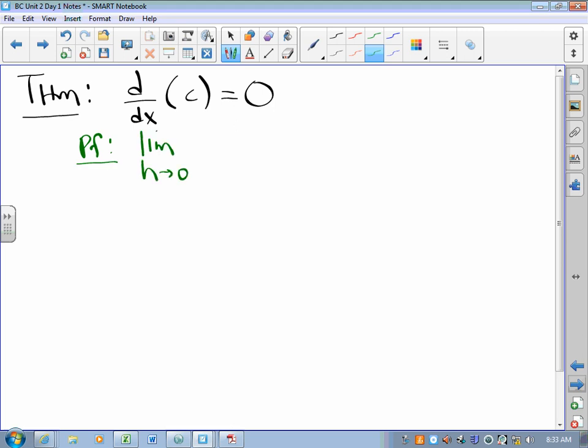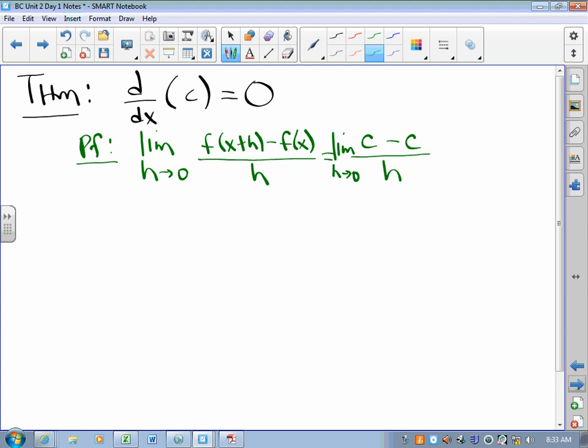The derivative, by definition, is the limit as h approaches 0 of f of x plus h minus f of x over h. If the function is a number, then f of x is a number. But f of x plus h is also a number. You take the limit as h approaches 0.